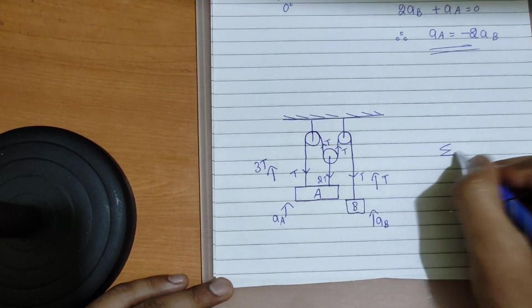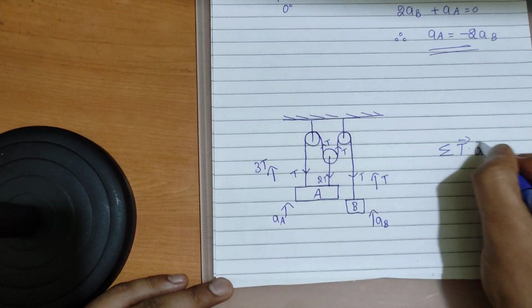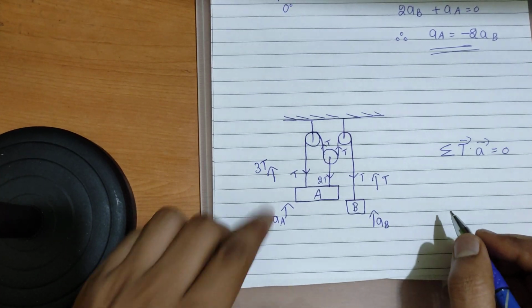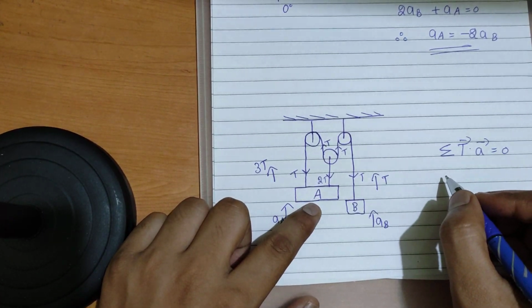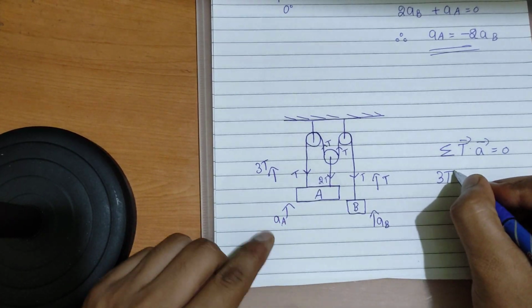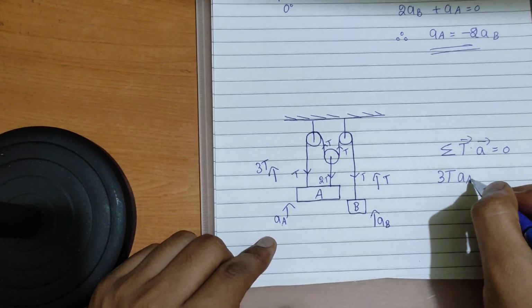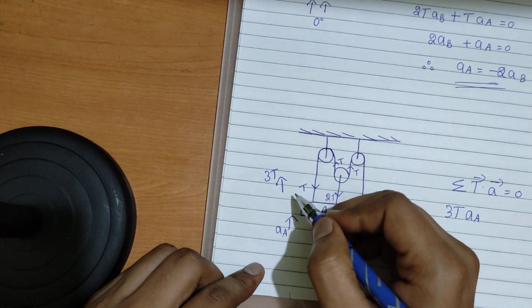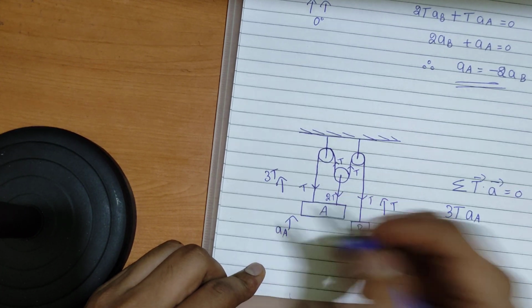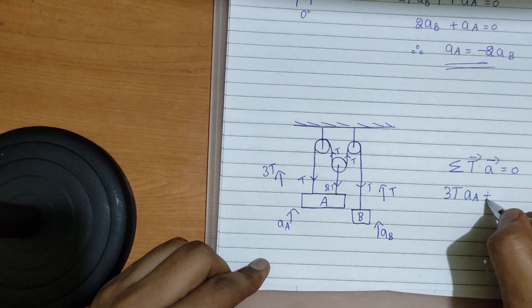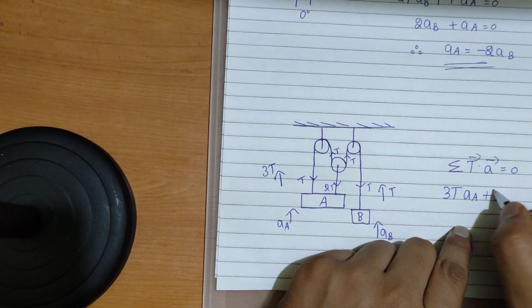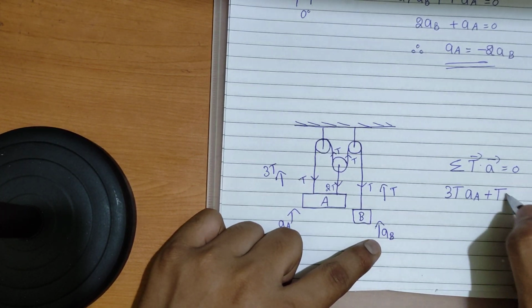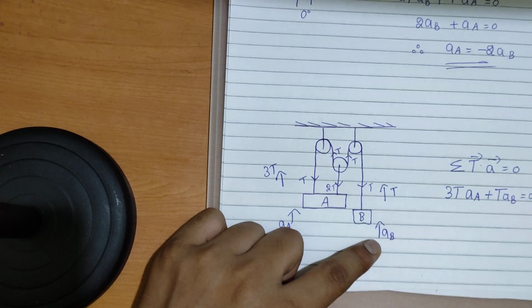Now if we write using this formula, first for block A: 3T times A_A. Both acceleration and tension are in the same direction, the angle is 0, cos 0 is 1. Now plus T times A_B, the acceleration of B, is equal to 0.